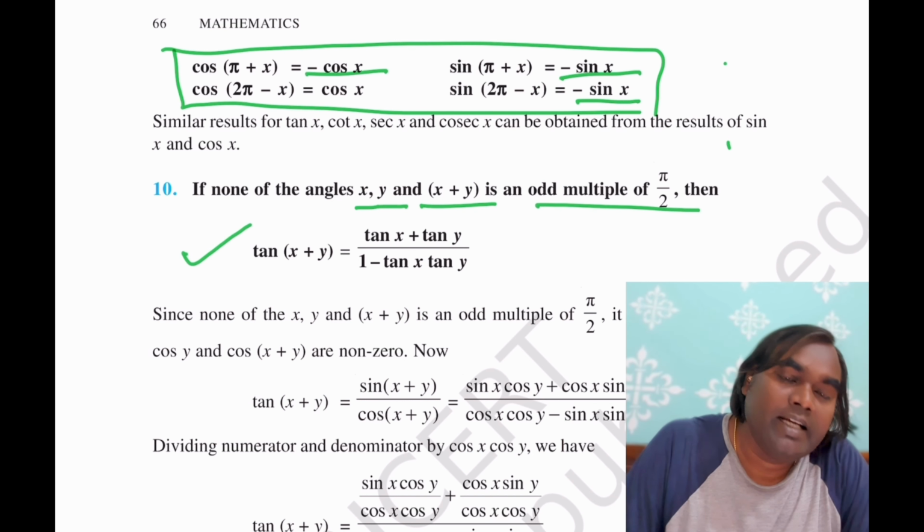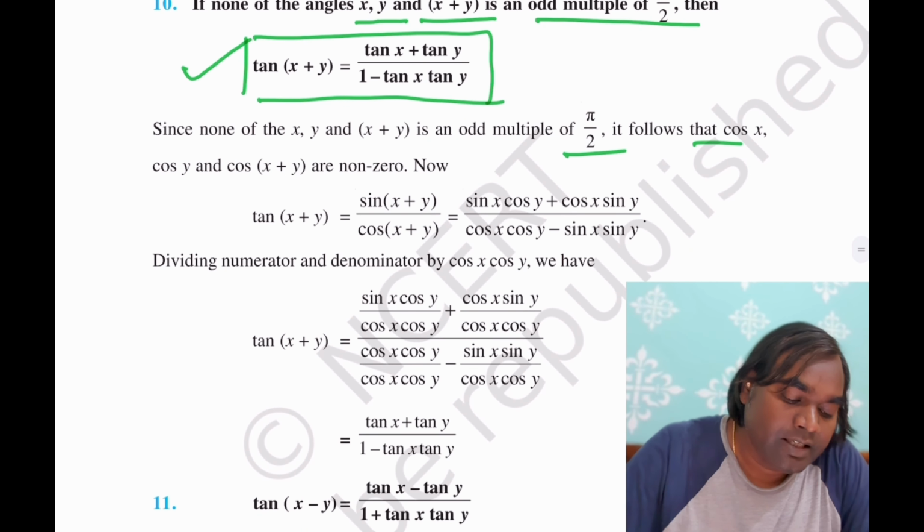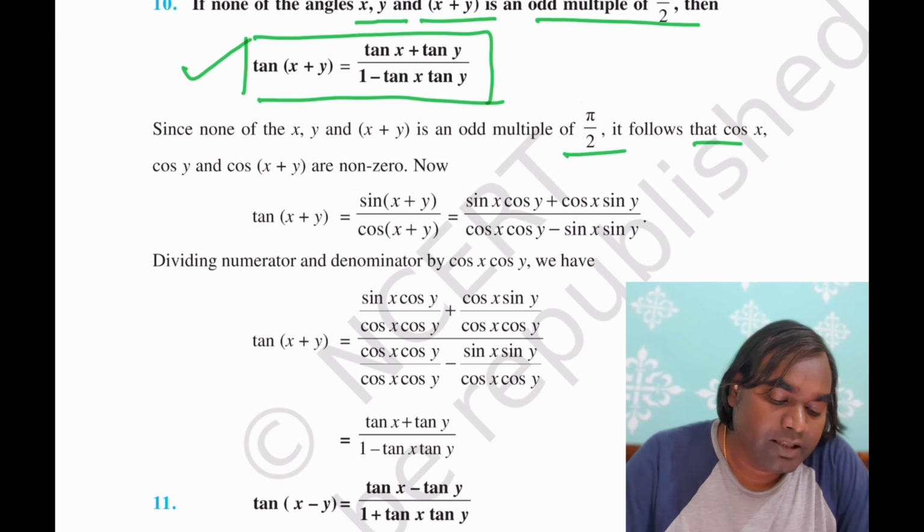Now, since none of x, y and x + y is an odd multiple of π/2, it follows that cos x, cos y and cos(x + y) are non-zero. Otherwise it would be 0, because cos of an odd multiple of π/2 is equal to 0, like π/2, 3π/2, 5π/2, 7π/2, all are 0 for the cos. So these are non-zero.